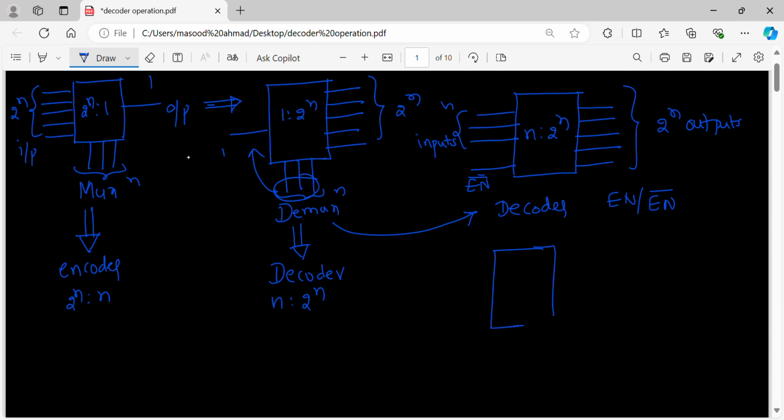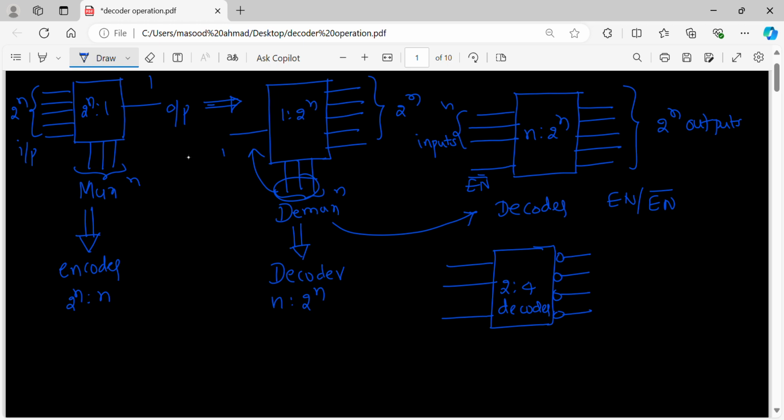If I take the decoder once again, I can say outputs like this, inputs like this, enable like this. I am taking a 2 to 4 line decoder as an example, right? These are two inputs.